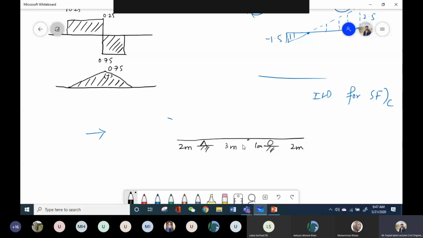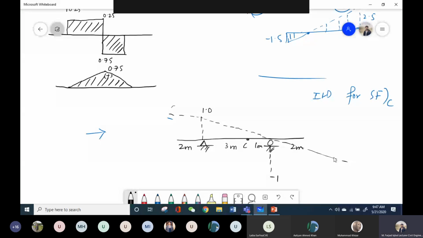Now this person said that if you want to plot the ILD for shear force at any particular point, let's say at point C, then what you need to do? You need to plot a positive 1 ordinate at the left support of this point. So I have plotted a positive 1. And on the right support of that point, you need to plot -1 ordinate. Then you need to plot two parallel lines passing through the supports.